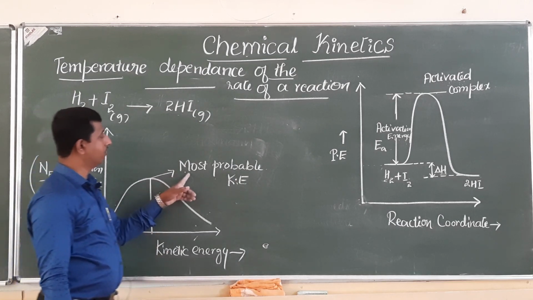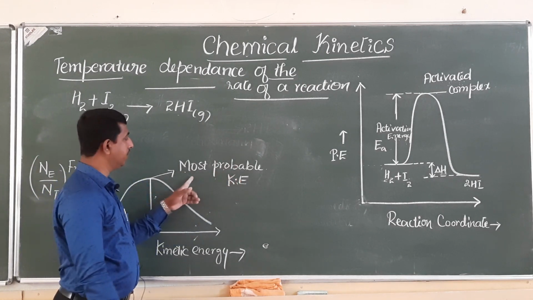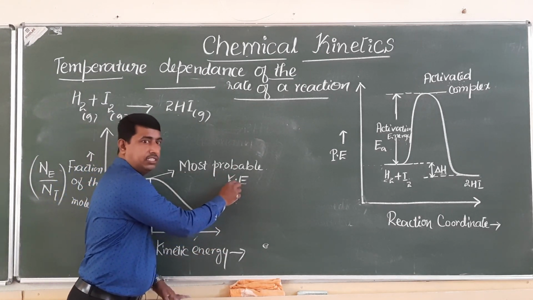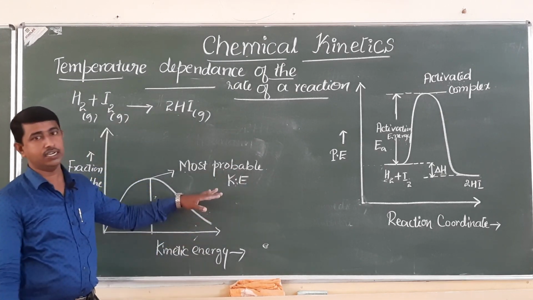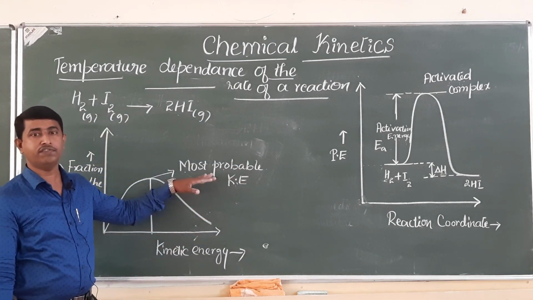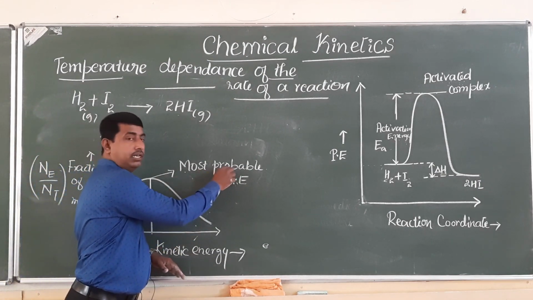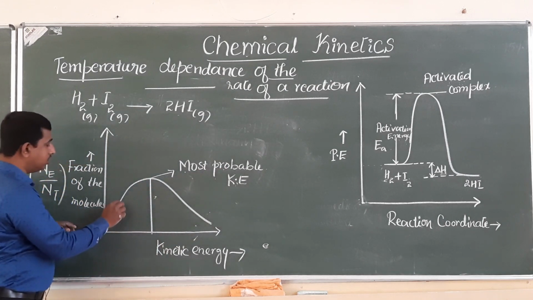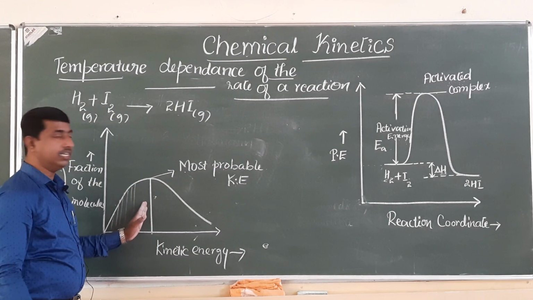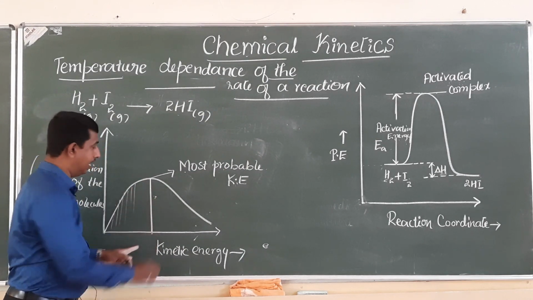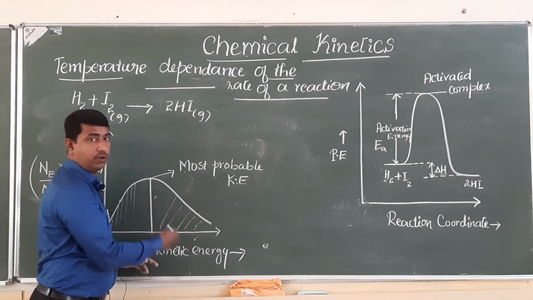So, the peak of the curve is considered the most probable kinetic energy, the kinetic energy possessed by the maximum fraction of the molecules. What about molecules lying in this region? These molecules have energy lesser than this value, and molecules lying in this region have energy greater than this value, correct?